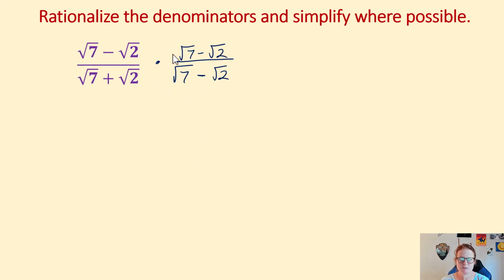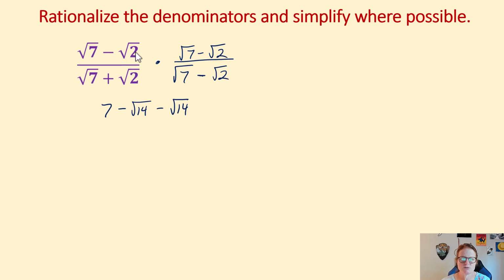Square root of 7 times square root of 7, well that's just 7. Square root of 7 times the negative square root of 2 is negative square root of 14. Then I have negative square root of 14 again, right? Negative square root of 2 times square root of 7.